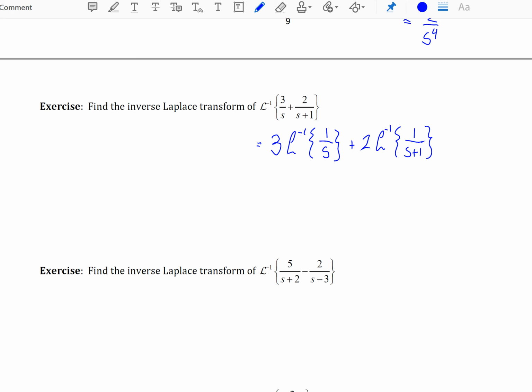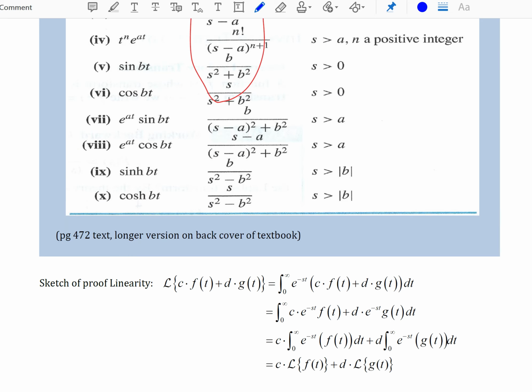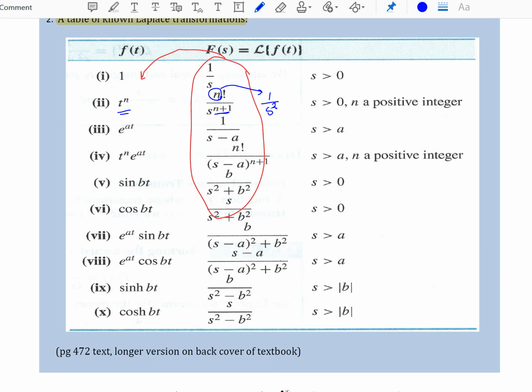Now, whether from memory or using your Laplace table, you want to know that the inverse Laplace of 1 over s, now if you're not sure, look back at your table, is just 1.